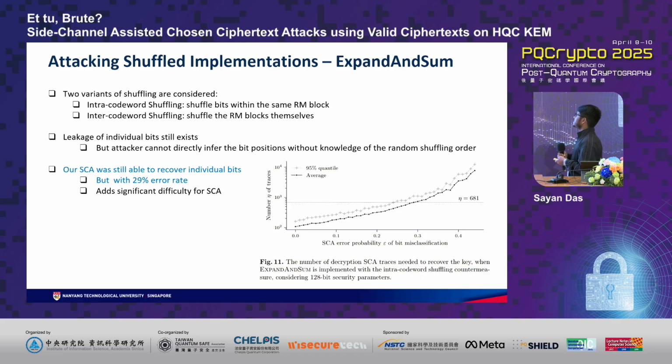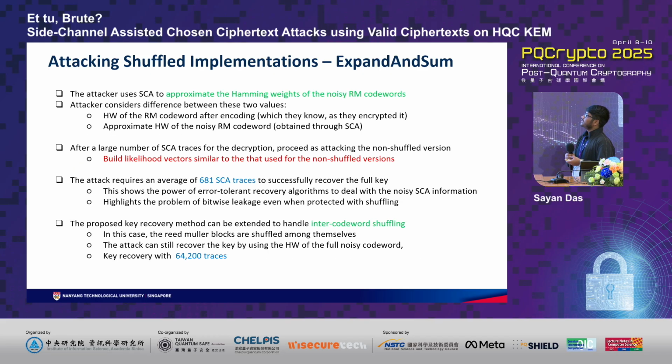As you can see from this diagram, where we required only 2 traces to recover the key for expand and sum without shuffling, it actually took us 681 traces in the 95% quantile to get the full key. The attacker uses side channel analysis to approximate the Hamming weights of the noisy RM codewords. It calculates the difference between the RM codeword after encoding and the approximate Hamming weight of the noisy Reed-Muller codeword.